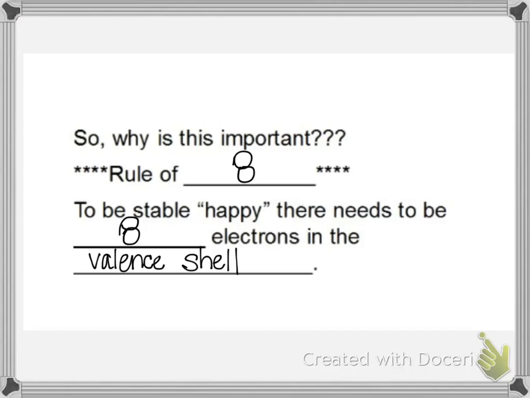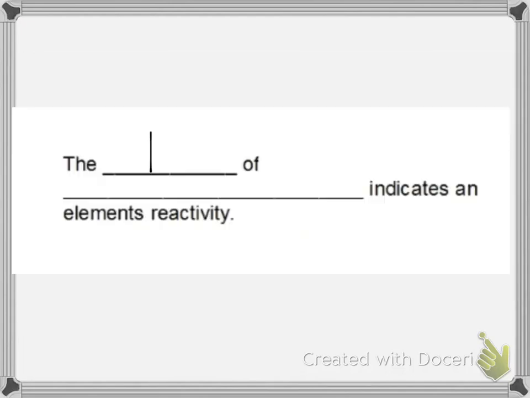It's because they're so unstable that they have to hook up so that they are stable, okay? Let's talk about that for just a second. The number of valence electrons indicates an element's reactivity, how reactive or how stable it is.